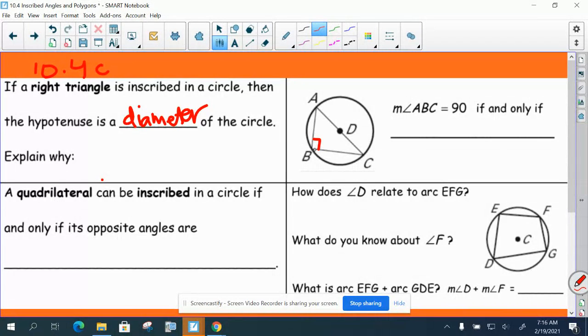And if this is 90 degrees, then the intercepted arc is twice that, so 180. And if this is 180, then we know that the hypotenuse must be a diameter because that creates a semicircle. Okay, so that's how you would explain why. So AC is a diameter.